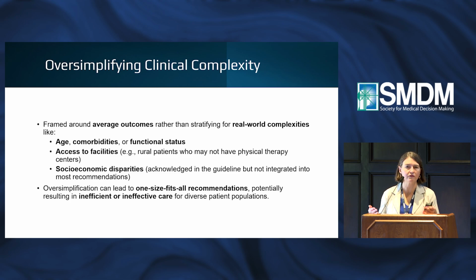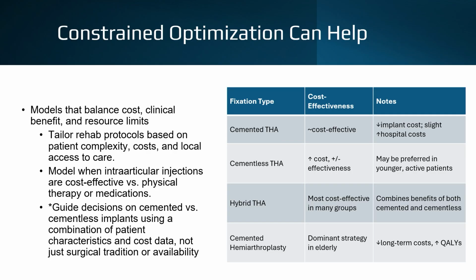What do you do if your patient has X, Y, or Z? So clinical practice guidelines are great, but they can oversimplify to a one-size-fits-all approach. And obviously, this can lead to not cost-effective care. So this kind of tees into one of my partners who's going to talk about constrained optimization and how that can help, and what are things we can do as modelers to have better evidence and provide better studies, and to tailor these things so that the recommendations can reflect that.